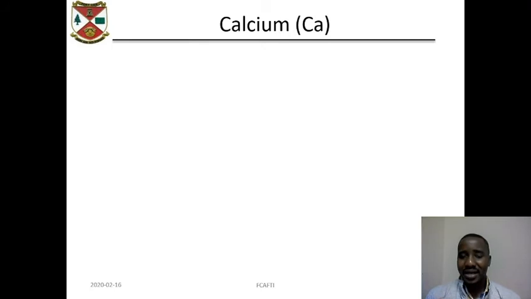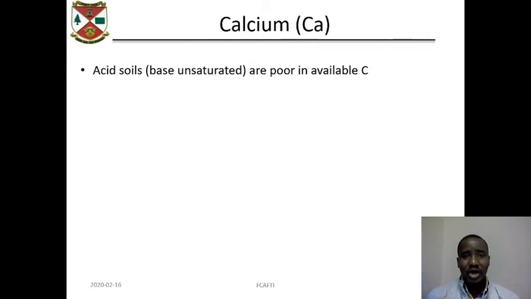Calcium is another secondary macronutrient. Acid soils are poor in available calcium, obviously, because calcium is a macronutrient. The availability of macronutrients in low pH decreases, as you can see. So that is why, in acid soils, calcium availability is poor.